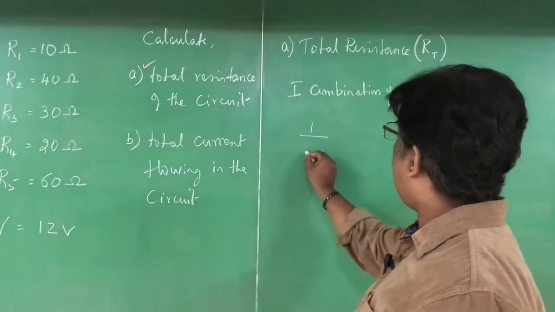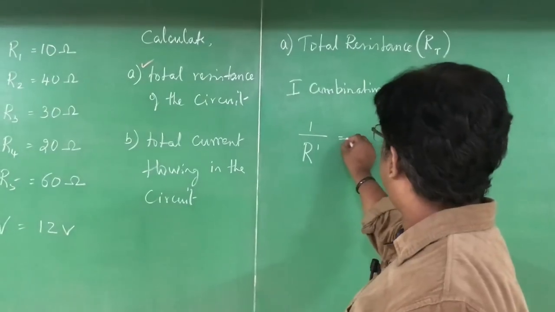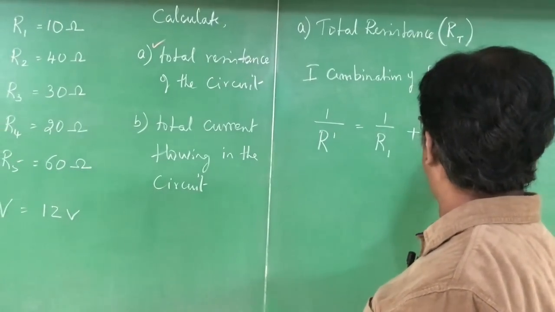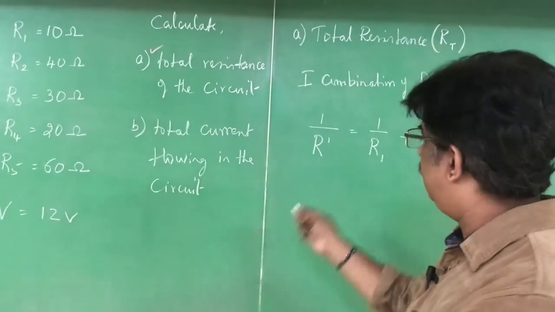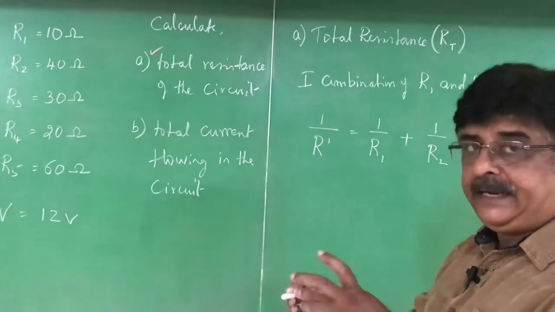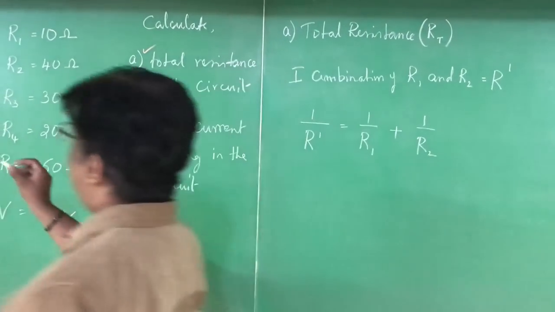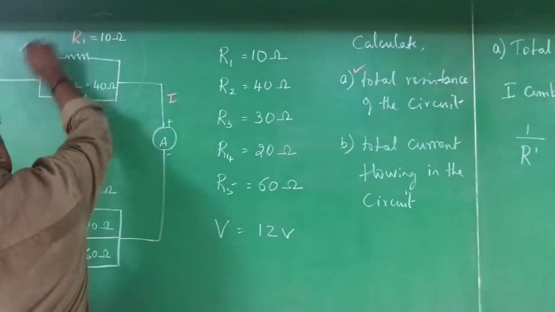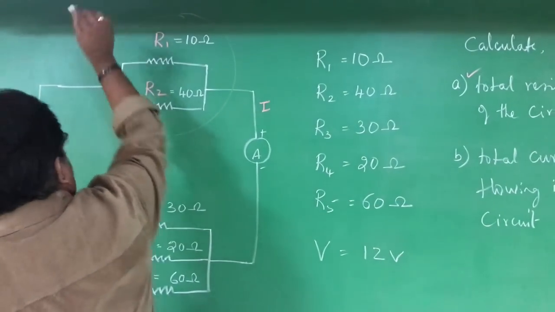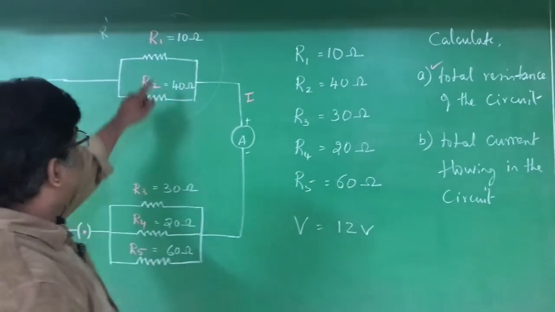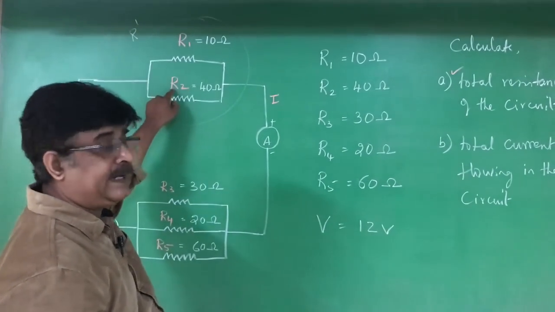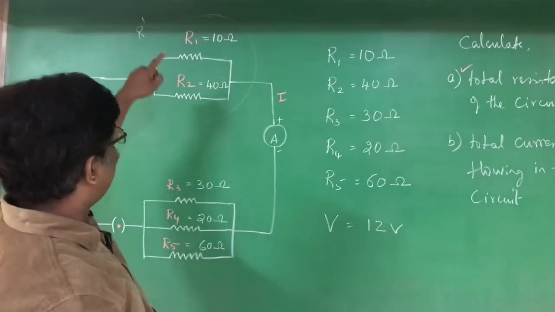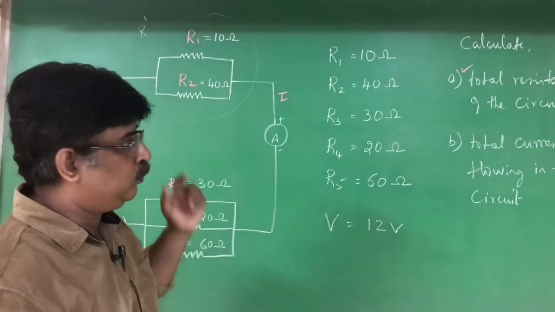Therefore, 1 by R dash is equal to 1 by R1 plus 1 by R2. Don't get confused. I simply put a symbol. R dash is the name of the combination, the name of the resistor. These two resistors put together become R dash. How are these two resistors connected? They are connected in parallel. Therefore, 1 by R dash is equal to 1 by R1 plus 1 by R2.